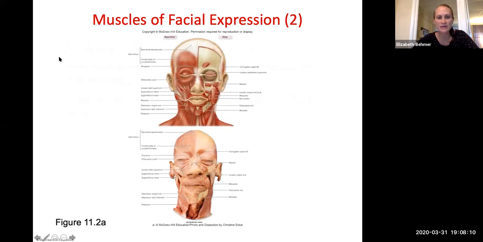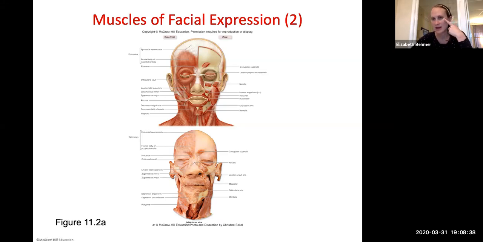So these are some of your facial muscles. The frontal belly of the occipitofrontalis muscle is the muscle on your forehead. Sometimes you'll see it just labeled frontalis. Then we have orbicularis oculi around your eyes, orbicularis oris around your mouth. We have zygomaticus muscles that attach to your zygomatic bone, your cheekbone.